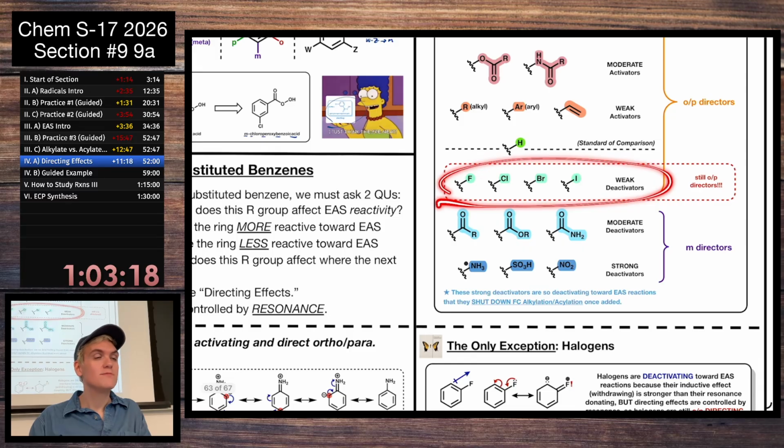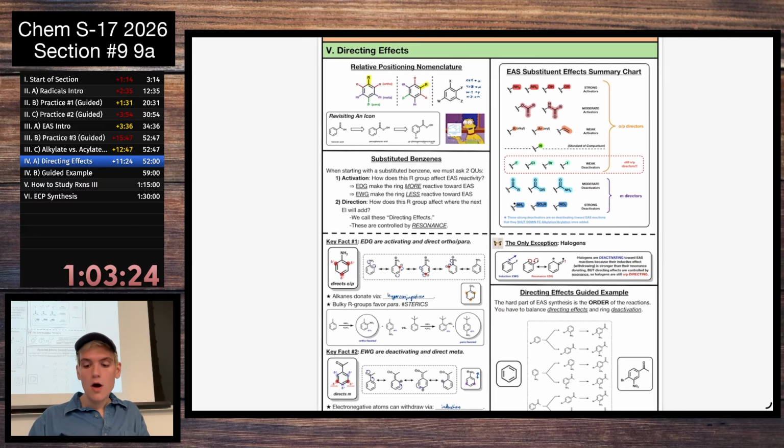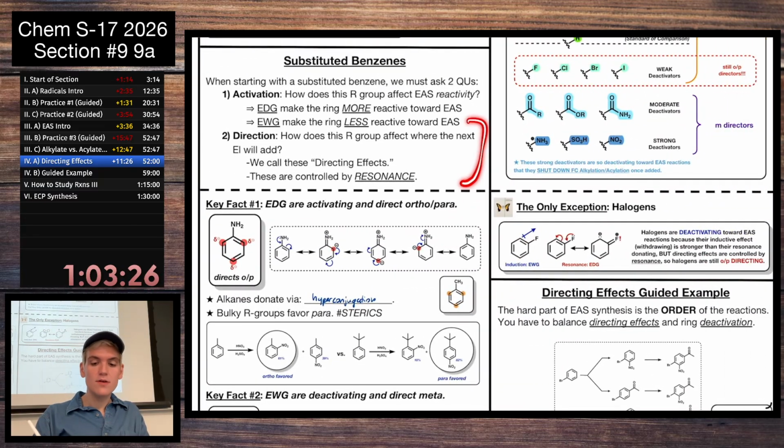They make the ring less reactive. It's pulling more electrons out than it's donating. However, all of our directing effects are determined by resonance. And so because it is electron donating via resonance, it is still an ortho-para director, following this rule.